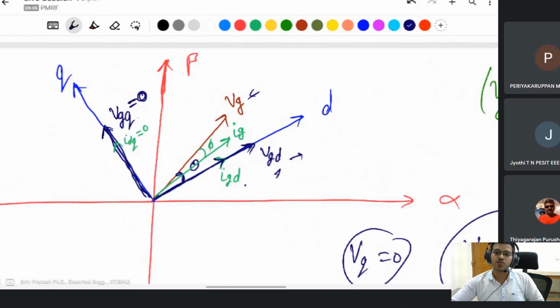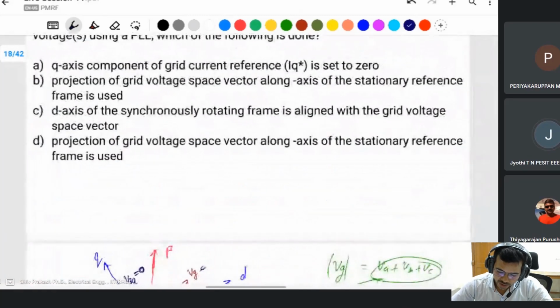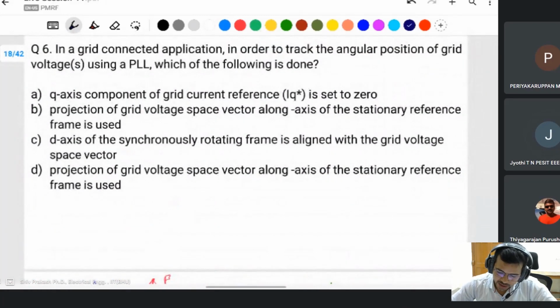That means this is used for power factor correction also. That's why the Q axis magnitude being 0 is used in a grid system to track the angular position of the grid voltages.